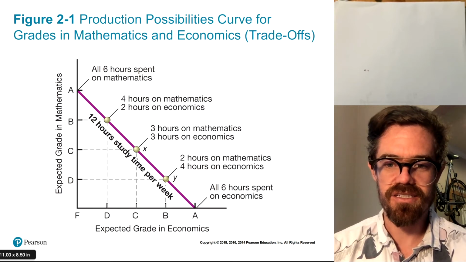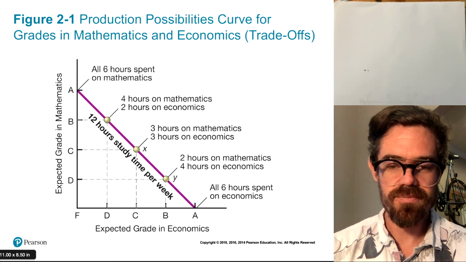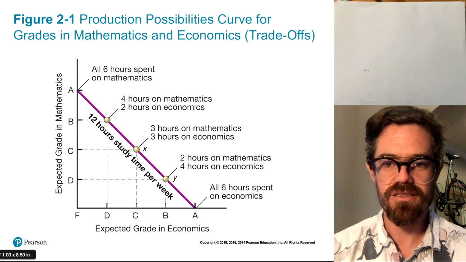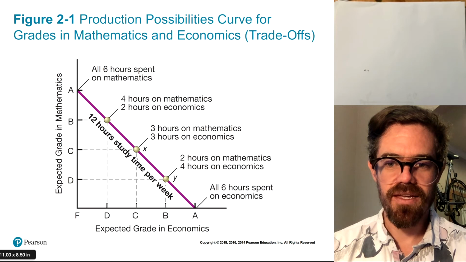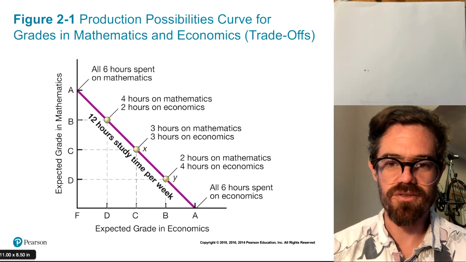On the x-axis is the expected grade in economics, and on the y-axis is the expected grade in mathematics. And we have a downward sloping curve here, and what this curve is illustrating is that there's a trade-off between the grade in economics and the grade in mathematics.